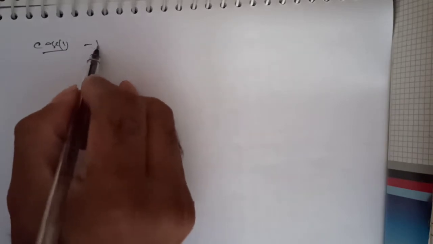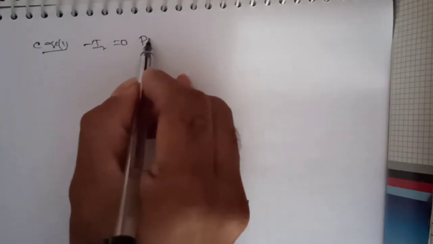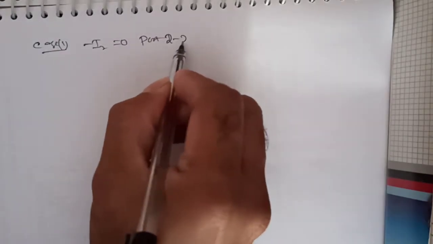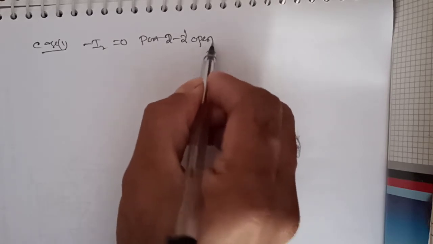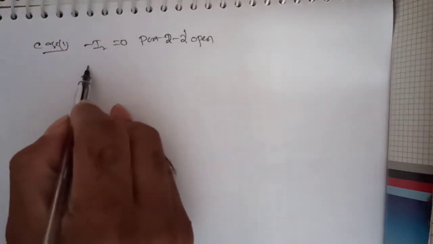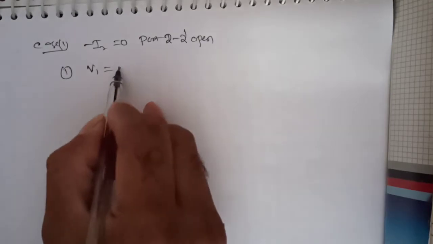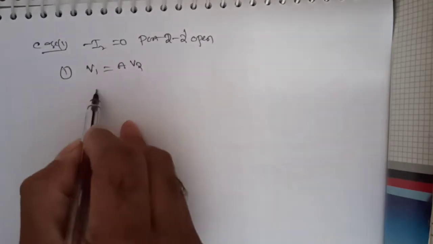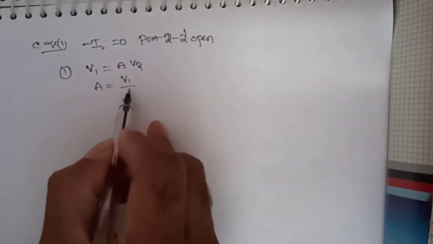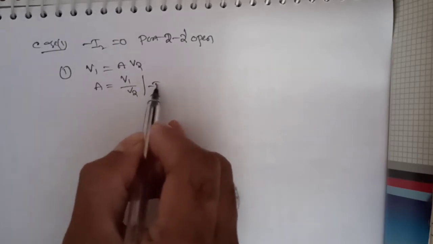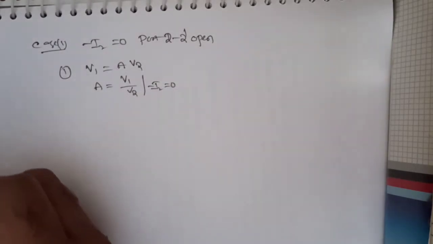Now let us find out the individual transmission parameters one by one. Let us take case 1. In case 1 we are making minus I2 equal to 0. That means port 2 dash is open circuit. Then by using the first equation, V1 equal to A V2. That's why A equal to V1 by V2, where minus I2 equal to 0.